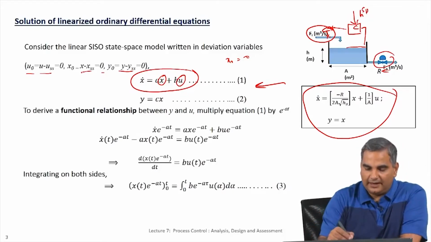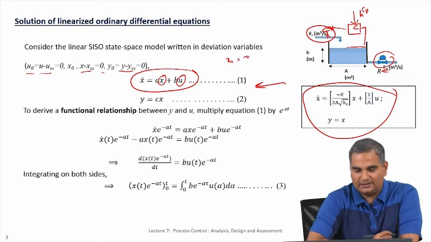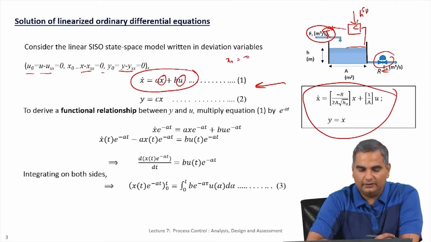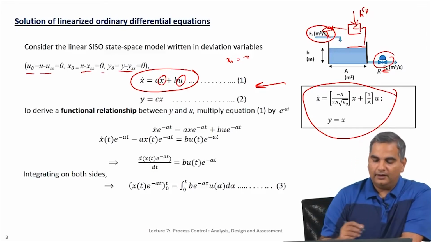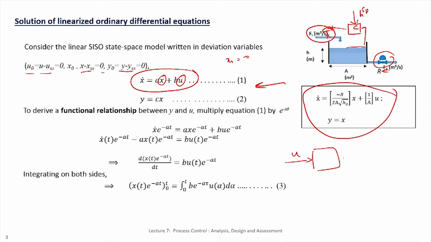Now, this is a dynamic equation, whereas the second equation is a static equation which just says there is an output which is some constant times x. So, when we say we want to solve these equations, I can put a block diagram here. I have a u, and let me write this y.